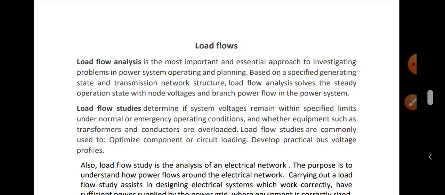Let us say for large power distribution systems, a formal load flow study is necessary, typically using different kinds of softwares. Transmission line softwares are there, load flow softwares are there.